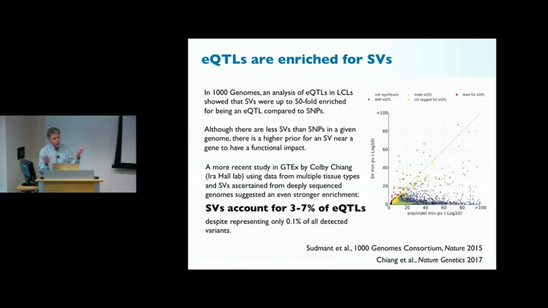So these large changes are having a disproportionate effect on genes, right? Because a large duplication or deletion can have a potent effect on a gene, compared to SNPs. So even though they're less abundant, they have big phenotypic effects.